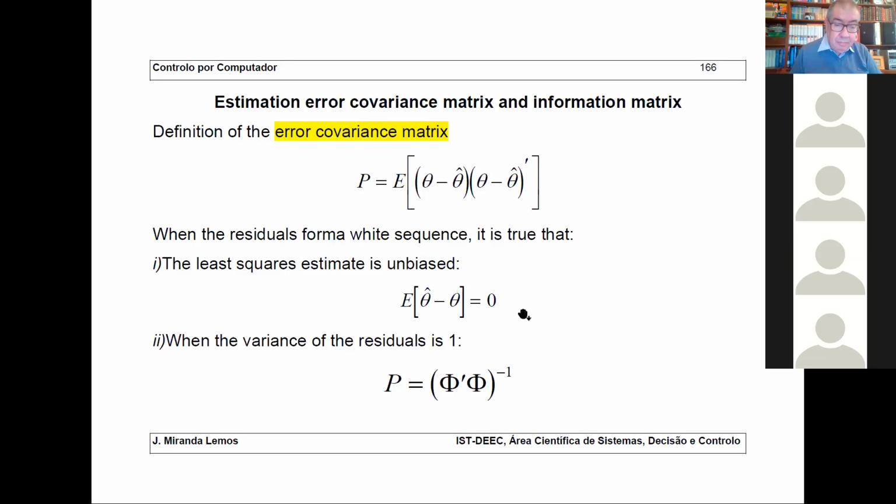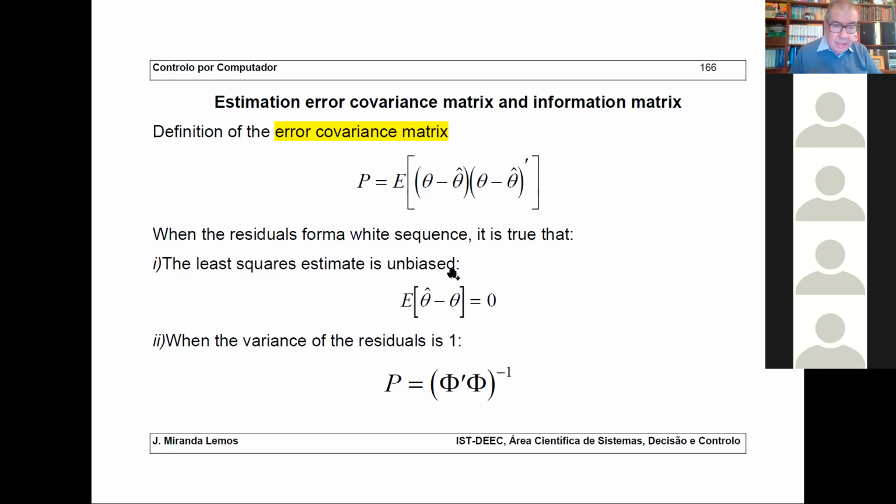In addition to that, least squares are a very simple algorithm with low computational cost to apply.